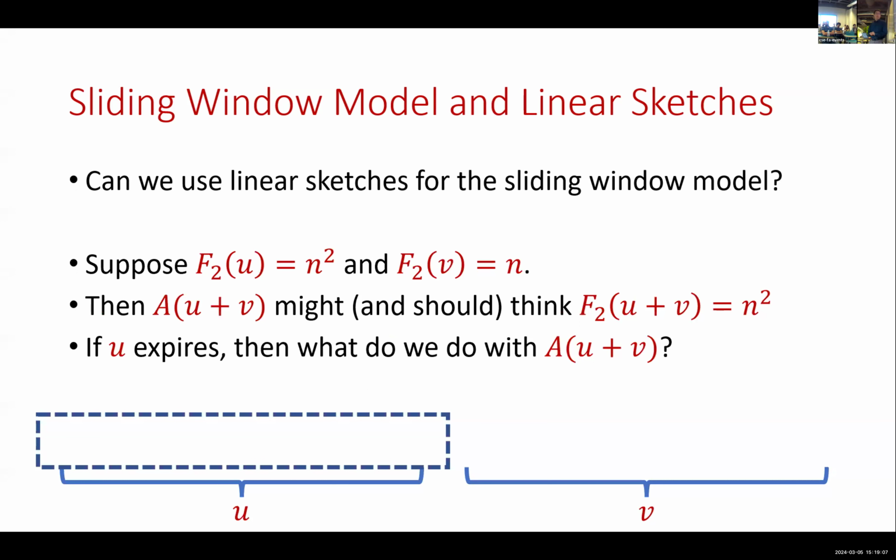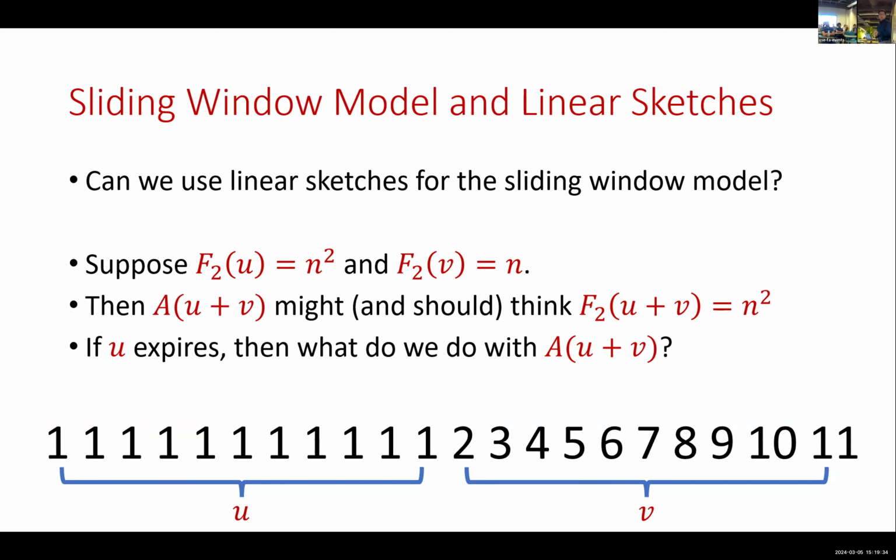So a typical example is for L2 estimation, where the matrix A is a bunch of random signs. So now the problem is we have this window, and maybe we have updates that are arriving. Let's say that we have n ones. So the second moment of this vector is like n. So that's what the sketch will say. And now we see a bunch of other updates.